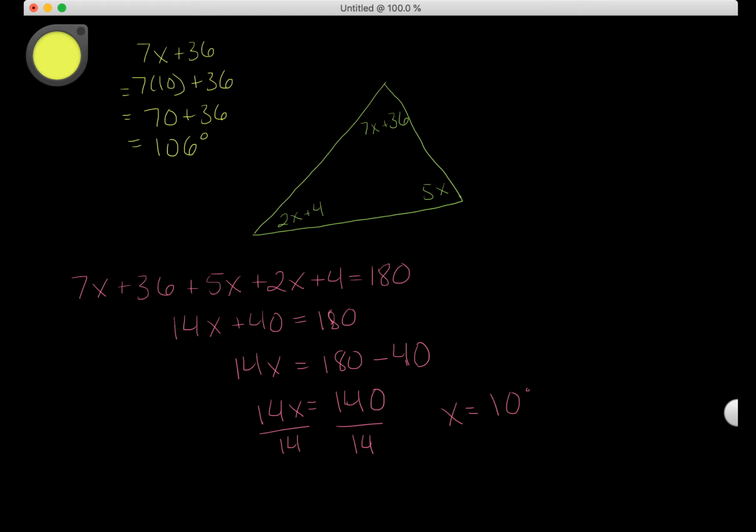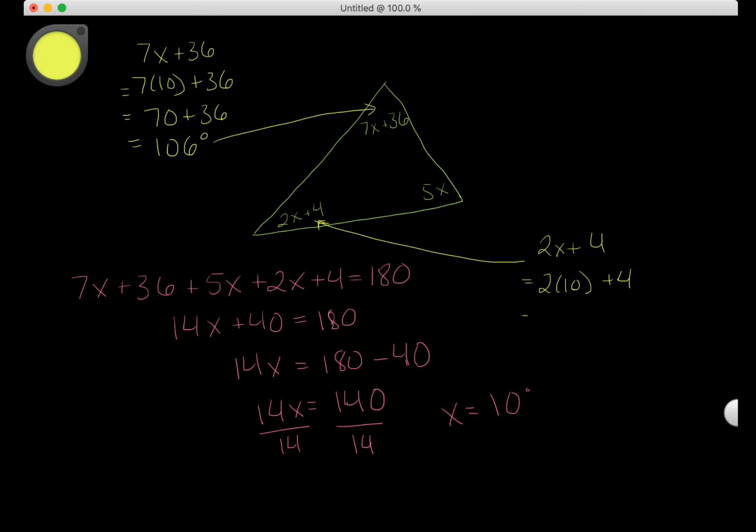Okay, this one over here, let's move it over this way so we have some room to do it. We've got 2x plus 4, so that's 2 times 10 plus 4. 2 times 10 is 20 plus 4 equals 24 degrees.